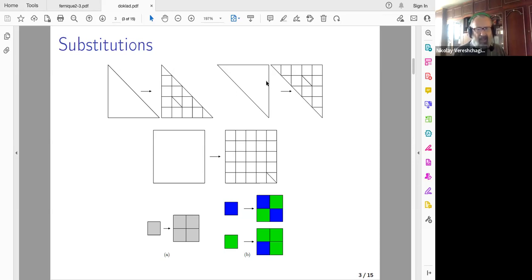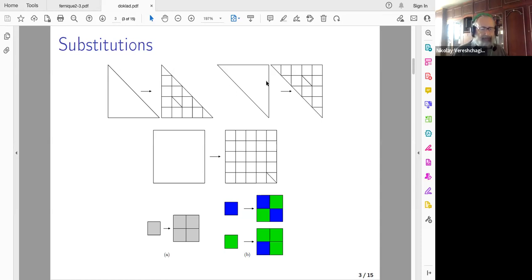So such types of local rules are called Wang tiles. Originally Wang tiles are tiles by squares, but we will also consider tiles of different shape, for example, triangles.